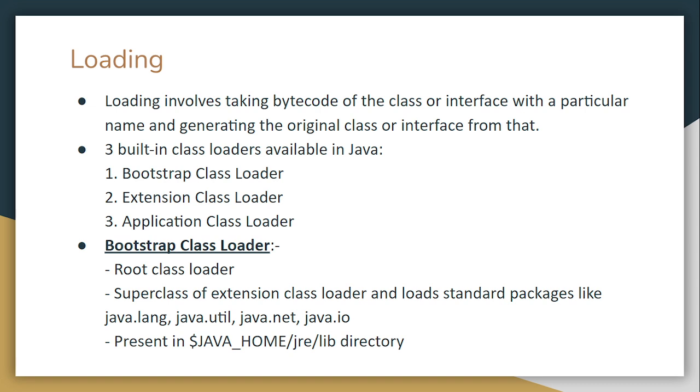Bootstrap class loader is the root class loader. It is the superclass of extension class loader and loads standard packages like java.lang, java.util, java.net, java.io from the JRE lib directory.